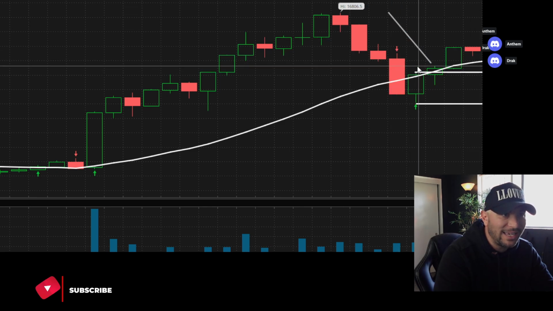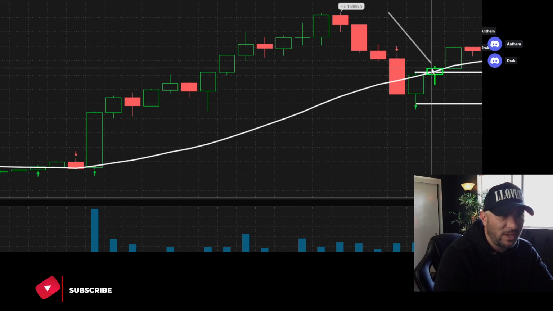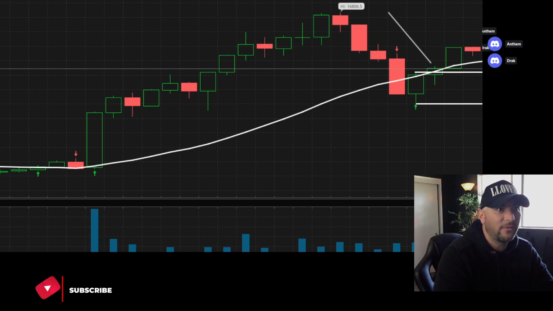When price takes out the reason why candle's high. That's confirmation. We would enter here over 16,724, and we're targeting 40 points. So from 24, we needed to go up 34, 44, 54, 64. Profits would have been hit here. There's 65. So this trade would have hit for a 1-to-1.